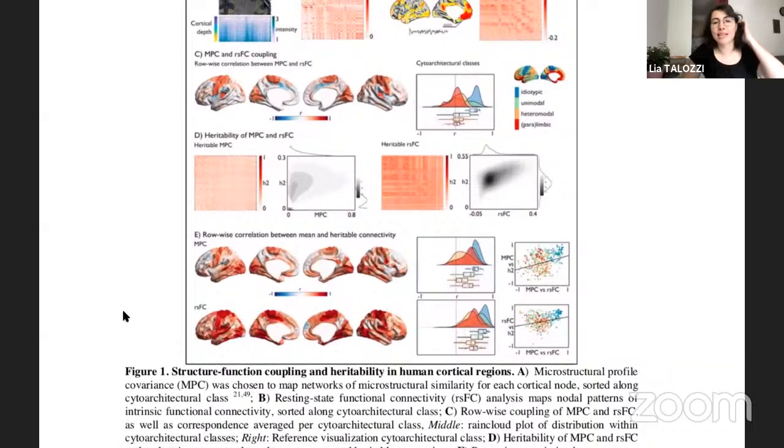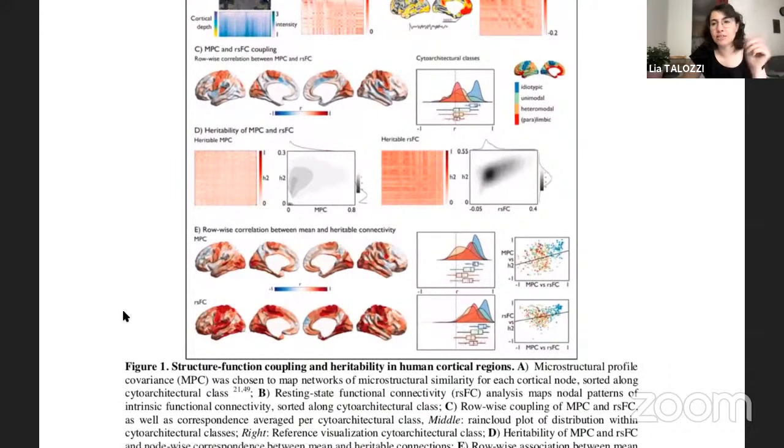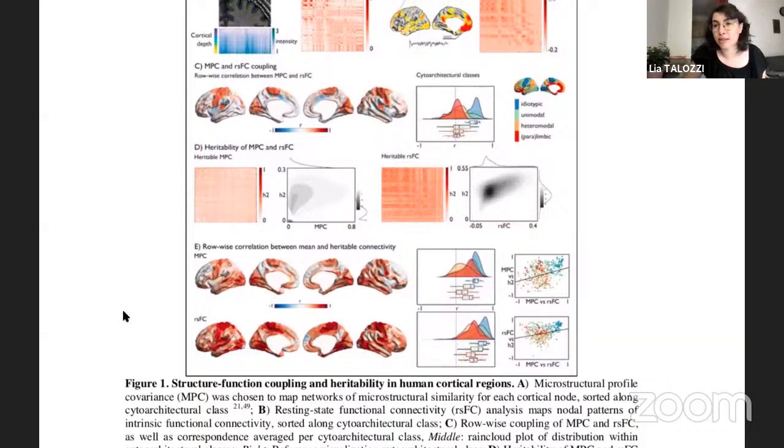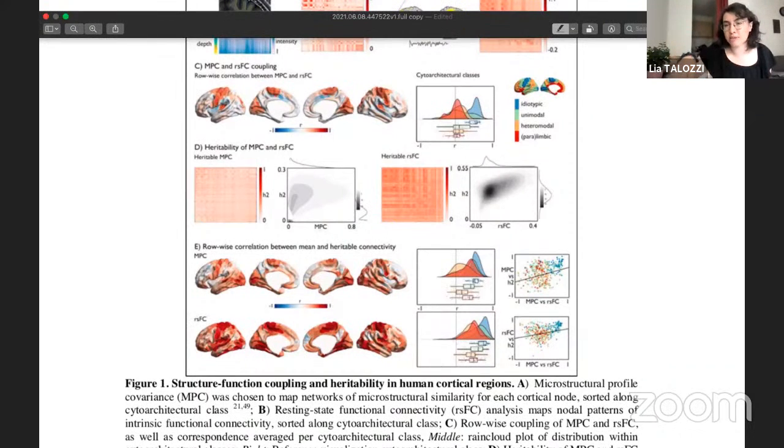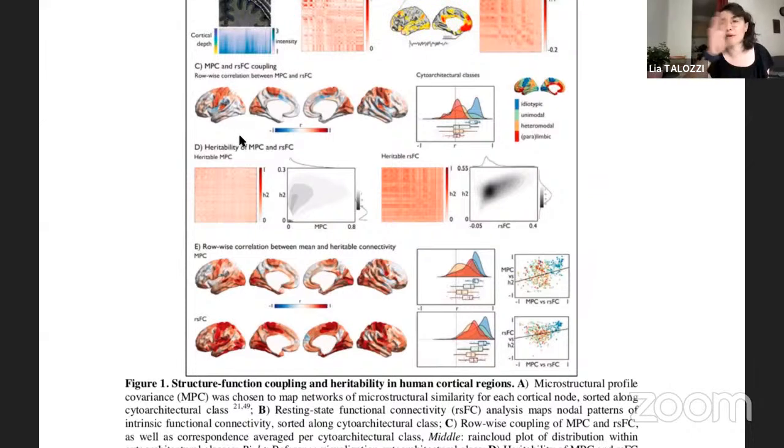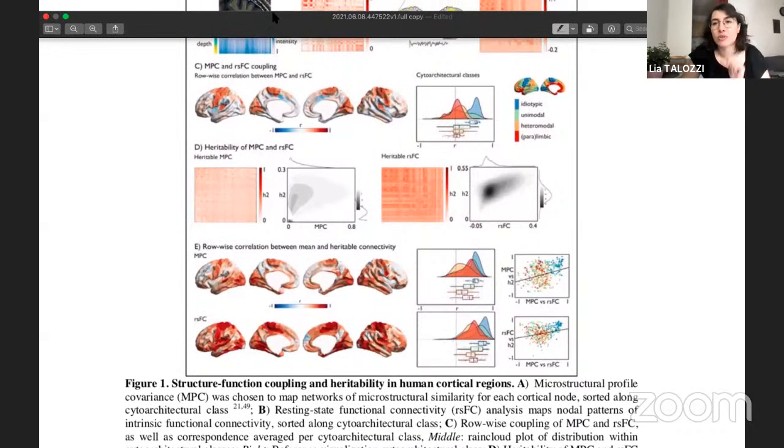Okay, thanks. I was reading briefly the text and I just read genetically related, so maybe the HCP has some genetic sequencing, but probably it's just twins. I have to check the methods again. Yeah, while you were presenting, I was reading and there wasn't the word twins, so I was wondering. But yeah, I think it's twins.